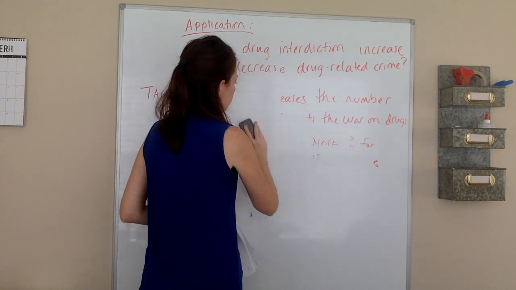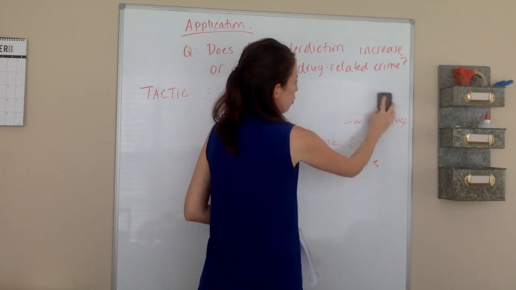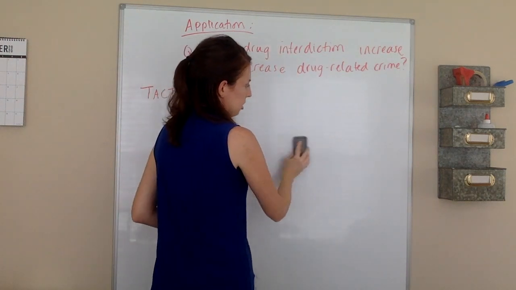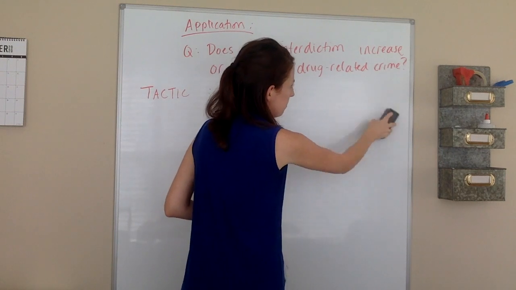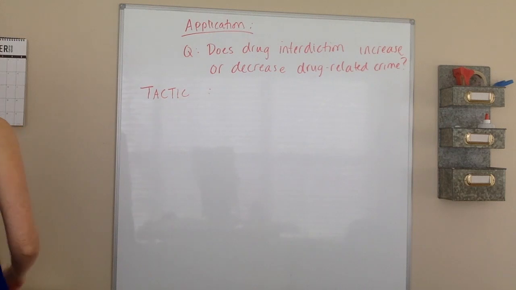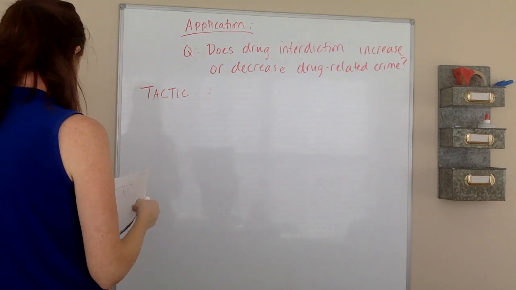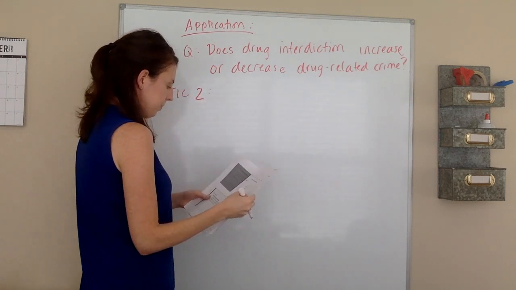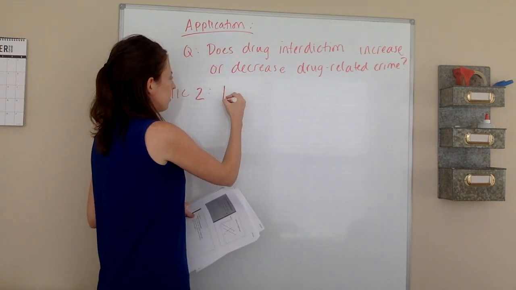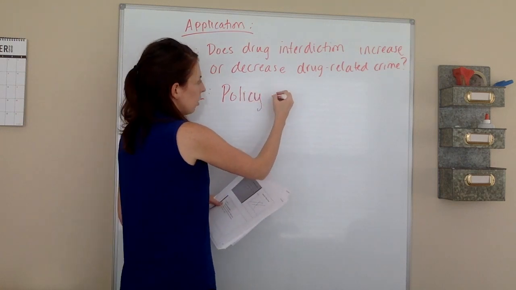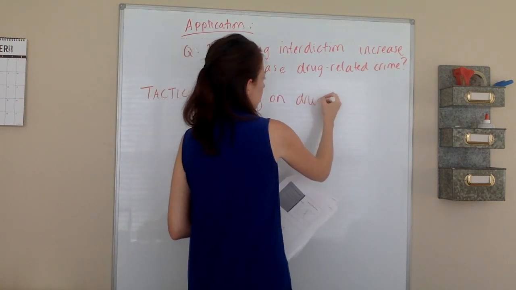So basically, what if they tried and they were successful in convincing kids not to take drugs, and they went after this through education. So tactic number 2 is they're going to have policies on drug education.